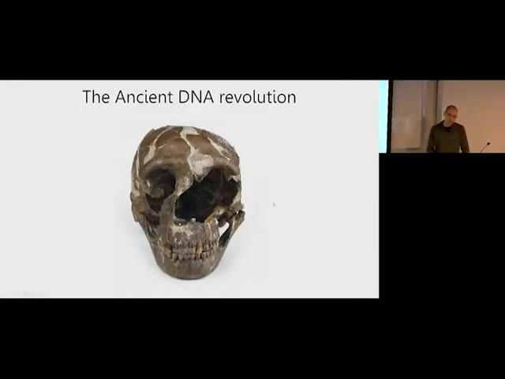In recent years, as you know, there's a revolution in ancient DNA, with works coming out from the labs of David Reich and Svante Pääbo, who were able to sequence ancient DNA at very high resolution.